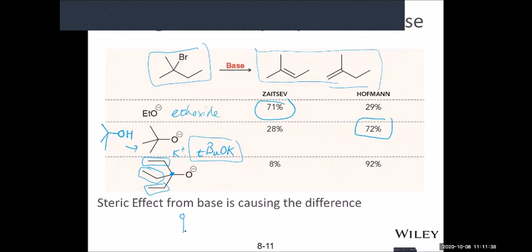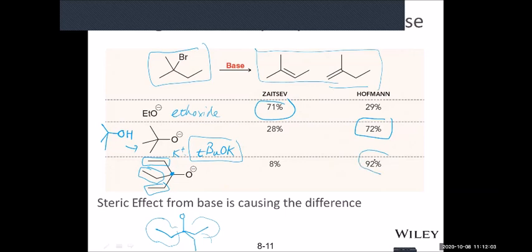If you draw the structure, that's how it looks. You have even bigger chunks because of the ethyl groups. So when you have such a big alkyl group, the product is even more predominantly the Hofmann product.